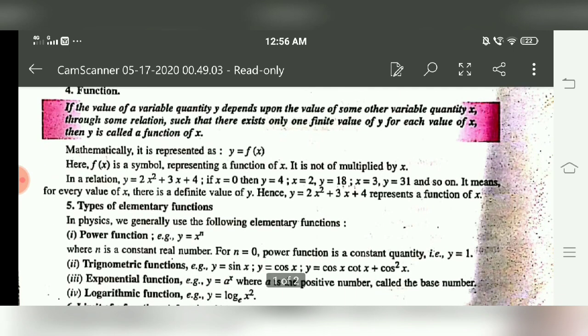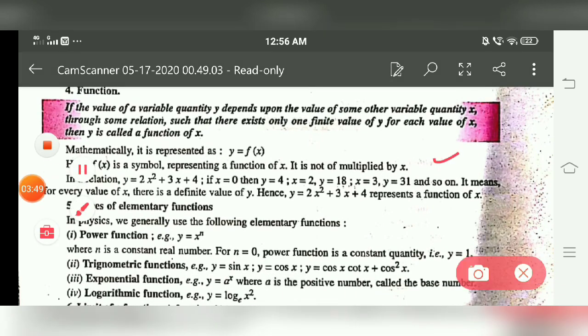So this is the symbol of function. This example is solved here to represent function, that y is varying according to x, so y is a function of x.